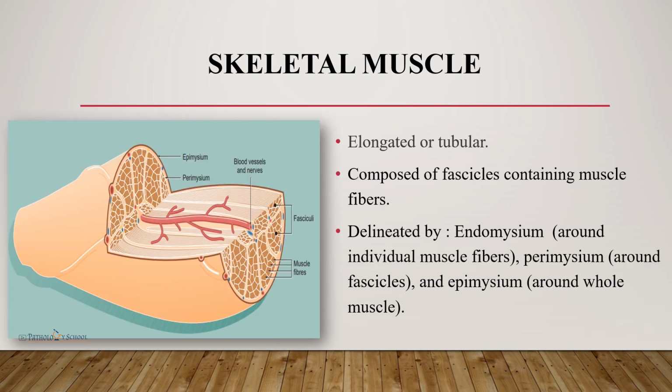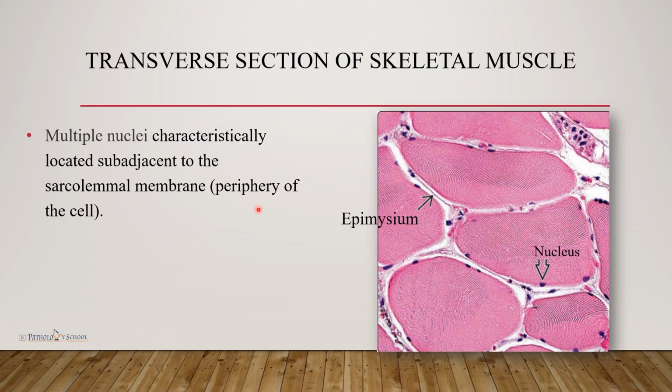In this diagram we can see the individual muscle fibers, which are covered by the endomysium. These muscle fibers together form a fascicle, which is covered by the perimysium, and the whole muscle is covered by the epimysium. Now this is the transverse section of the skeletal muscle, where we can appreciate the peripherally situated nucleus.